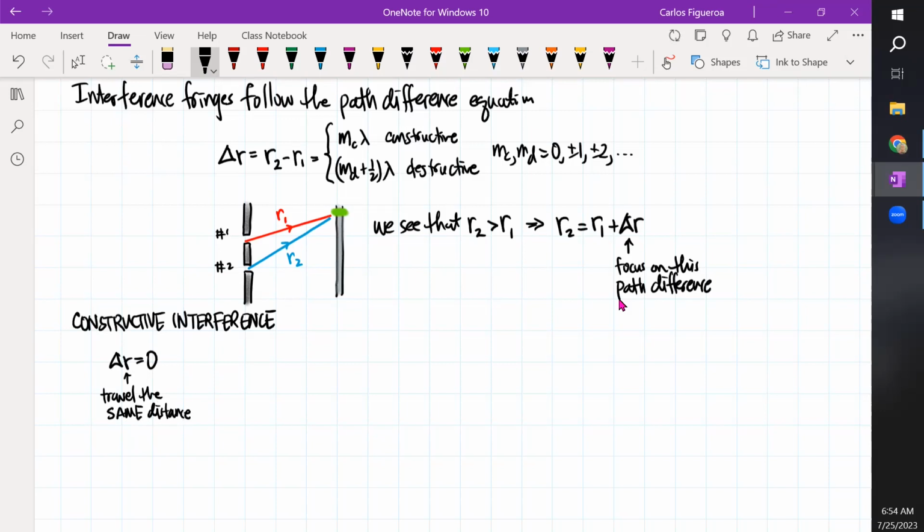In other words, R1 and R2 are the same. So in the language of the M value, this is what we call MC equal to 0.